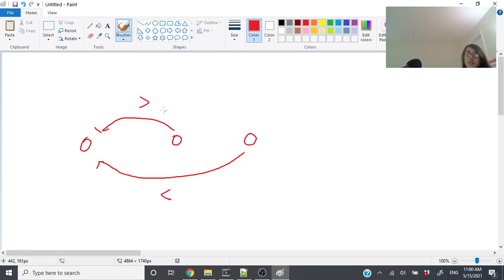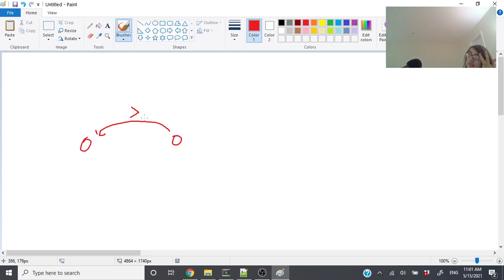No, wait, hang on. This doesn't make sense. I'll make these edges actually, yeah. So this element has to be, no wait, that does make sense. This element has to be less than this. Then this new one has to be less than the larger one, but greater than that one.